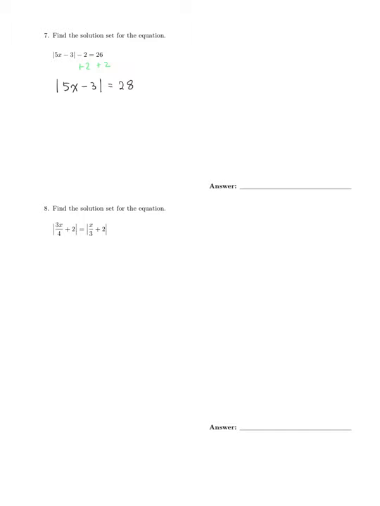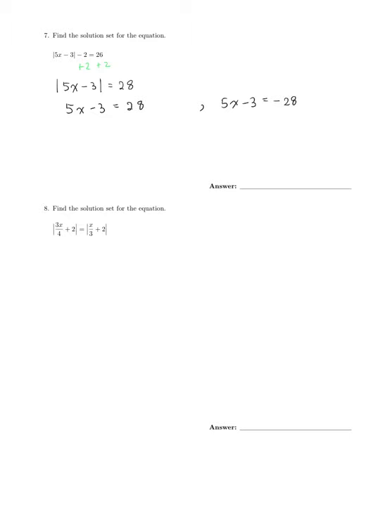Now, in order for us to drop that absolute value, remember you're going to have a positive side and a negative side, right? So be careful here. So the positive side will be 5x minus 3 equals 28. And then the negative side is going to be 5x minus 3 equals negative 28. So don't forget this portion.